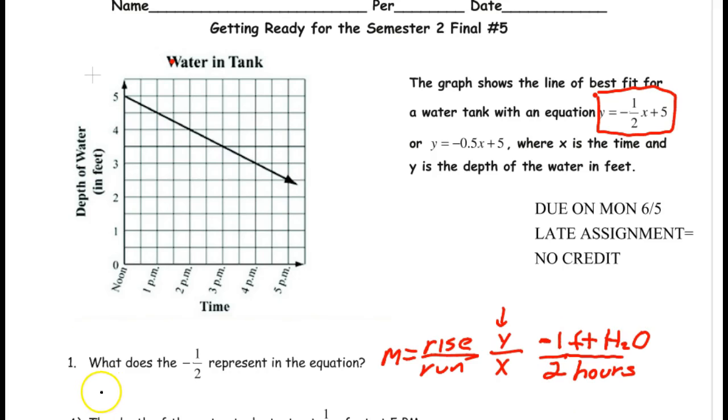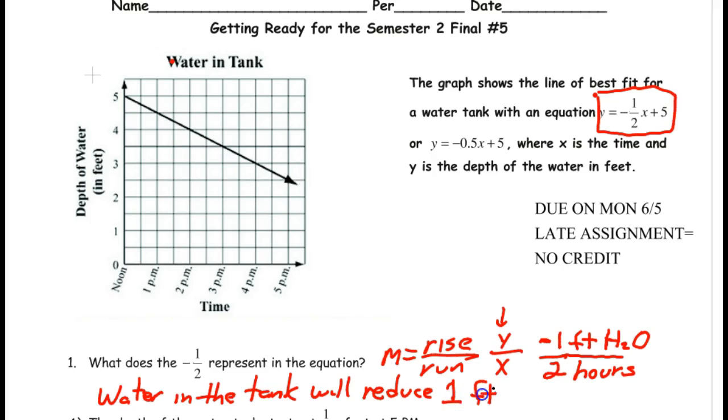Okay, so water in the tank will reduce 1 foot every 2 hours. So that's the key for describing the meaning. Anytime it says what the meaning is, look at the units to figure that out.